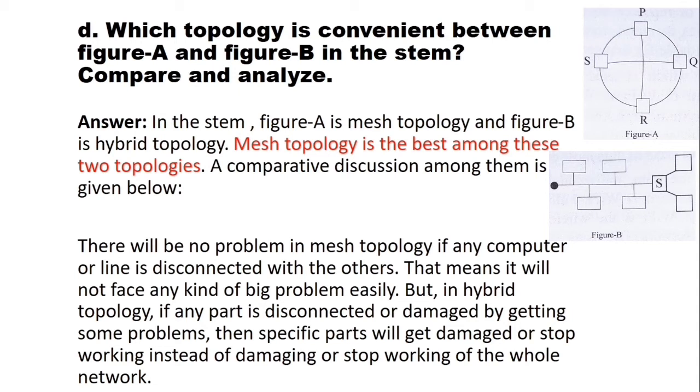But in hybrid topology, if any part is disconnected or damaged by some problems, then specific parts will be damaged or stop working instead of the whole network. So my dear students, you can see I have compared two topologies, mesh and hybrid topology. Okay, so you have to write this way.